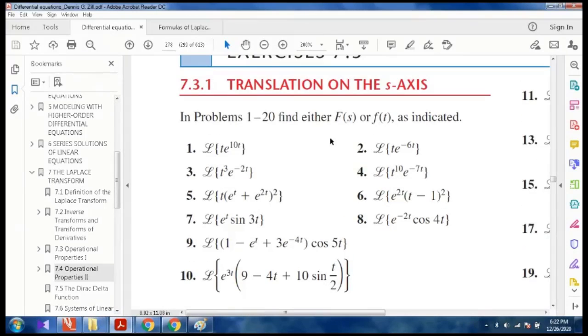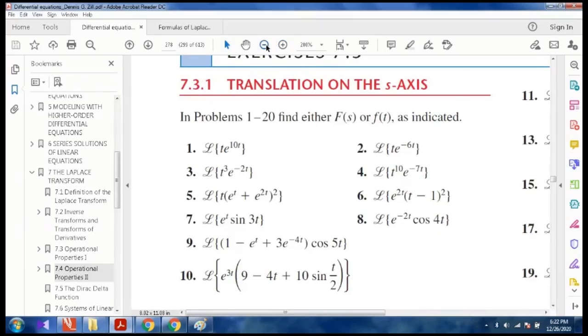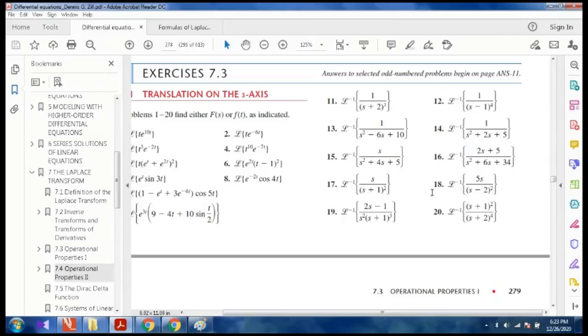Actually, in this exercise, all the problems are given. You were saying let's solve 11, let's solve some other problems. But we are just learning the property, and gradually we will be able to solve question 11, not only 11, all the problems here.